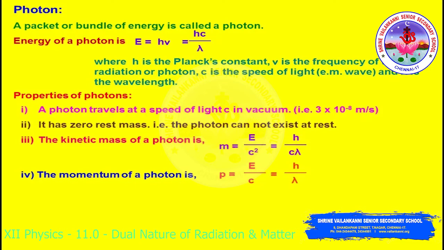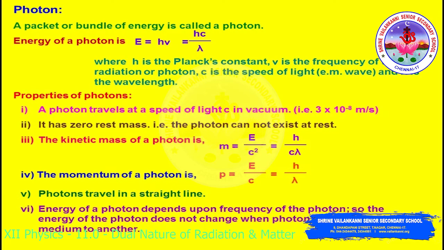So we can connect the wavelength lambda or the frequency nu with the momentum. The photon travels in a straight line, right? The energy of a photon depends upon the frequency of the photon. The energy of the photon does not change when the photon travels from one medium to another.